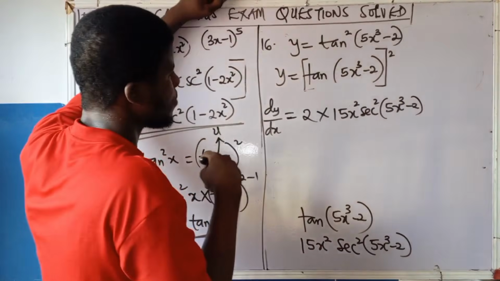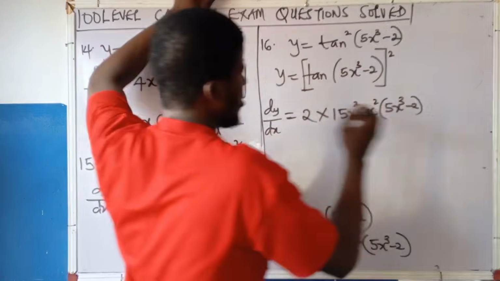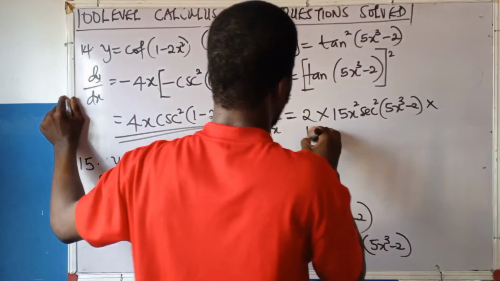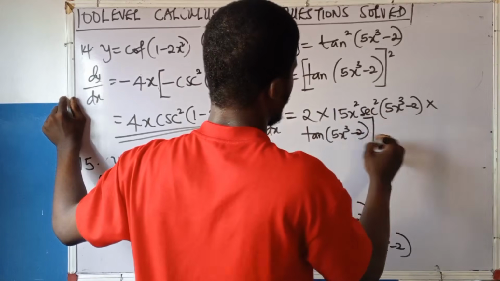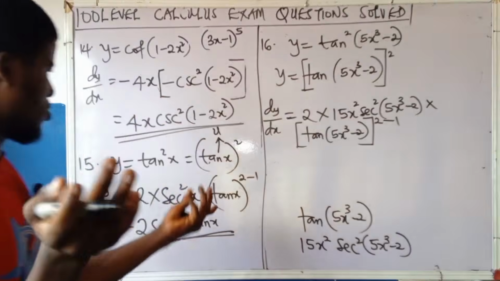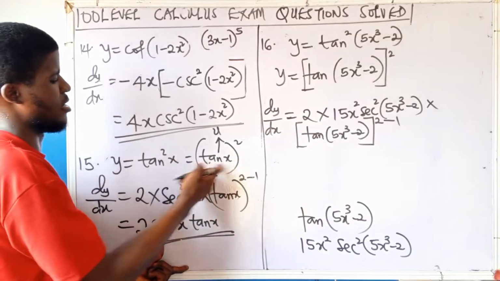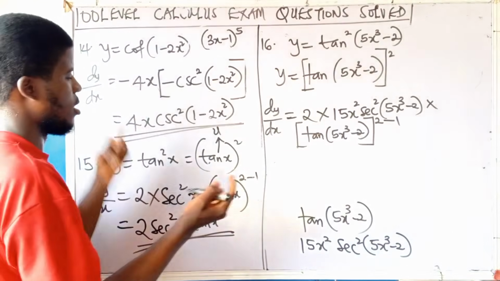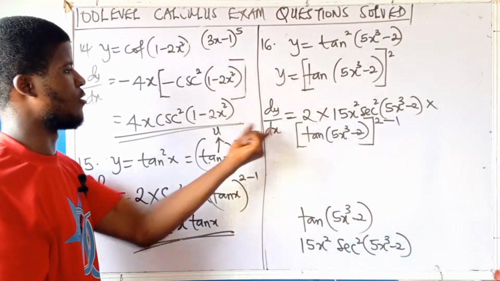Then I will now rewrite this function again inside the bracket, which is tan 5x cubed minus 2 raised to the power of what? 2, remove 1. That's what we did here. I wrote this one, differentiated the inner function, wrote it out. Then I wrote this one again, remove 1 from the power.